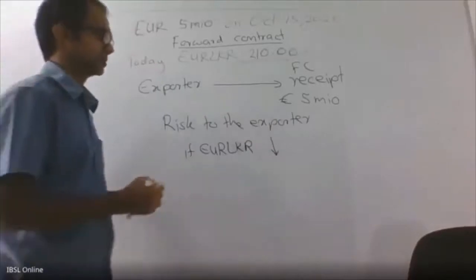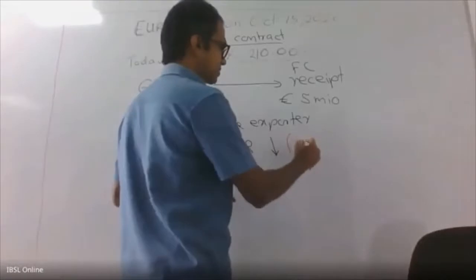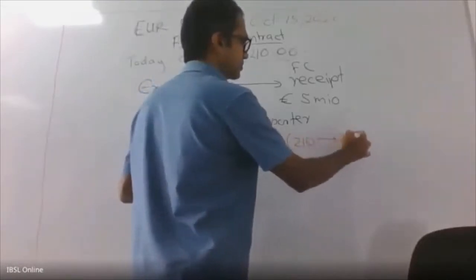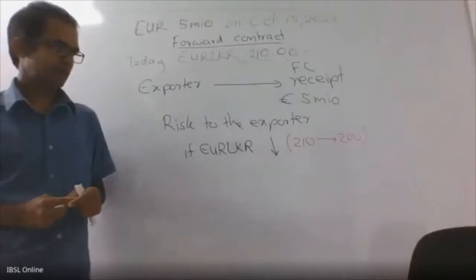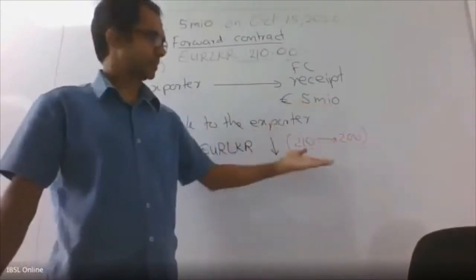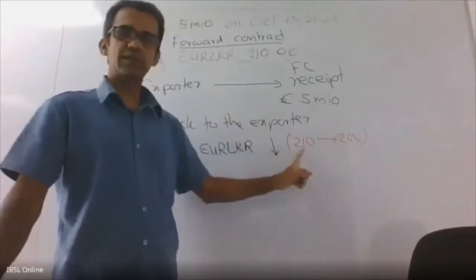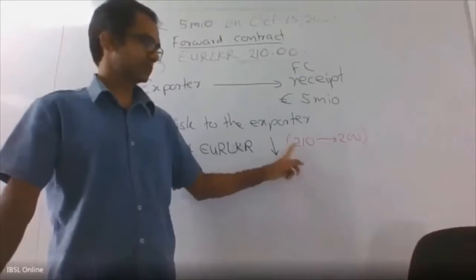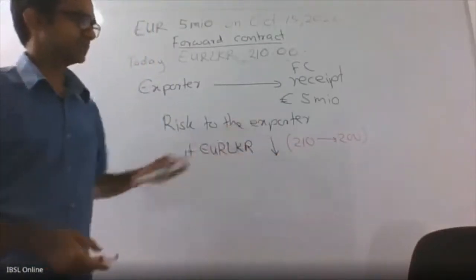That means if it goes down from 210 to 200, that's the risk. If that happens, the value of this 5 million in terms of rupees would be only 1 billion, lower than what he expects as at today, based on this exchange rate. This is the risk.